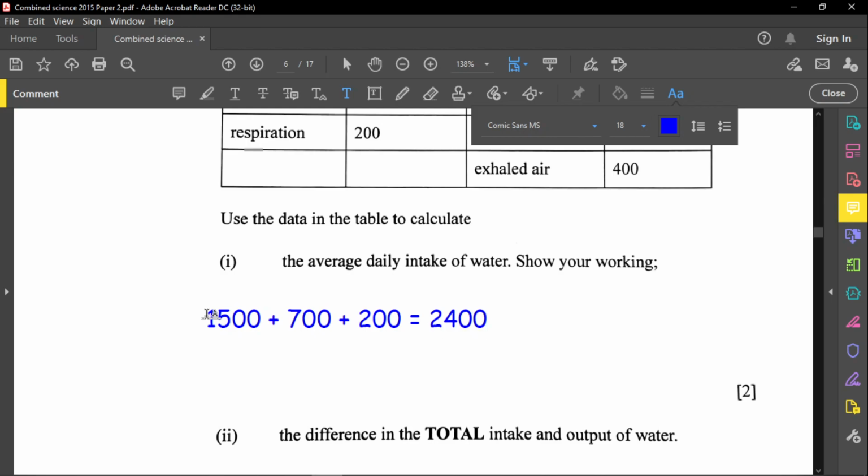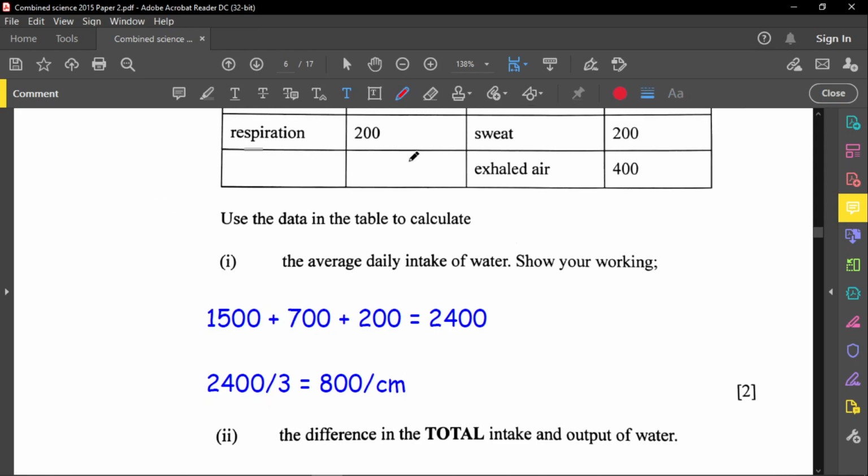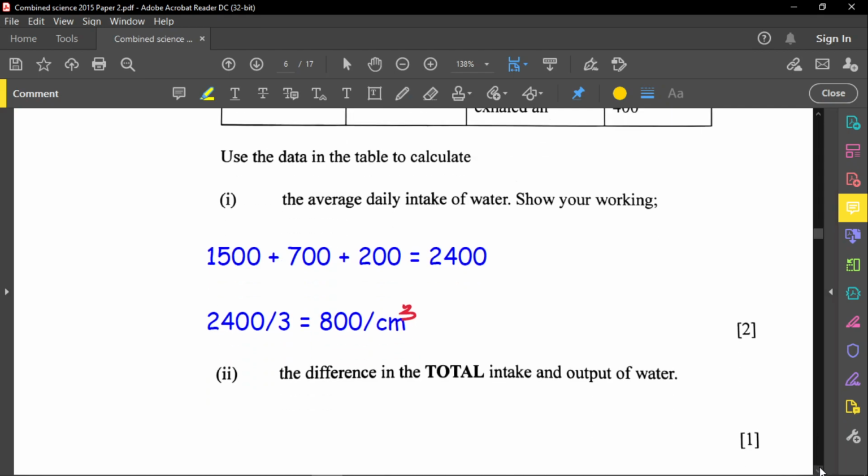That will be your total. And so the average here will be 2,400 divided by 3, because there are 3 of them. And so here we get 800, and that is per centimeter cubed. So let me put centimeters cubed right there. All right, so that will be our answer there for the average intake.